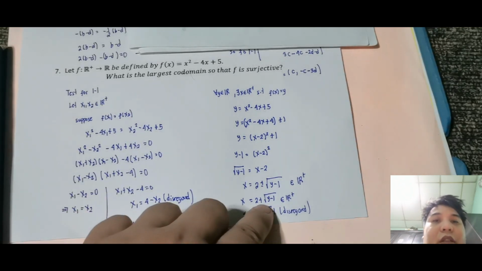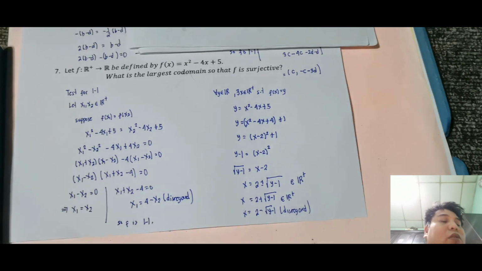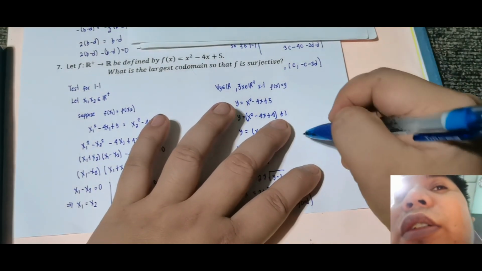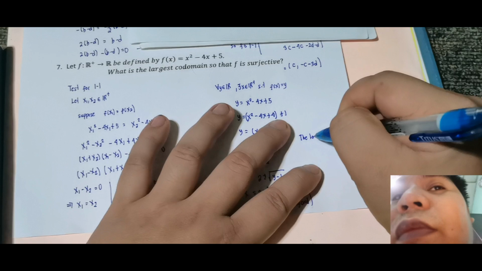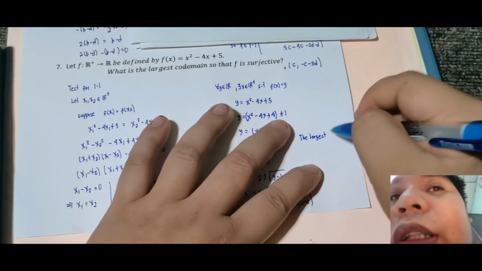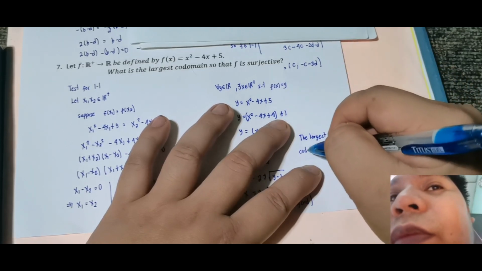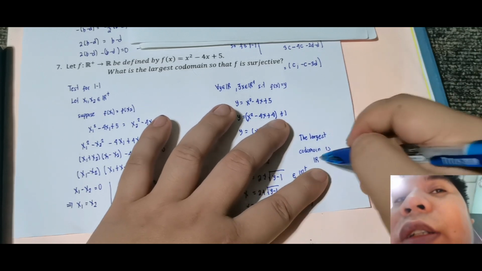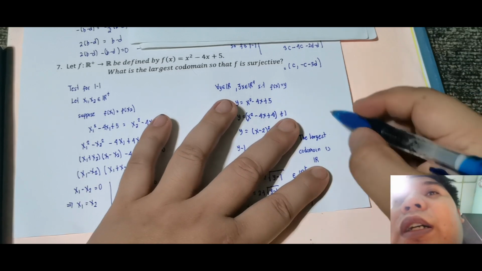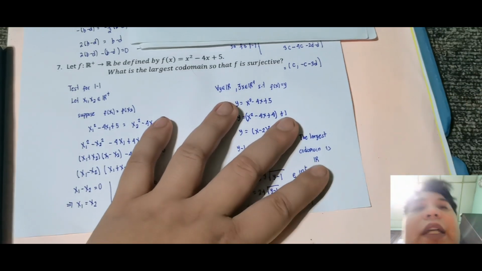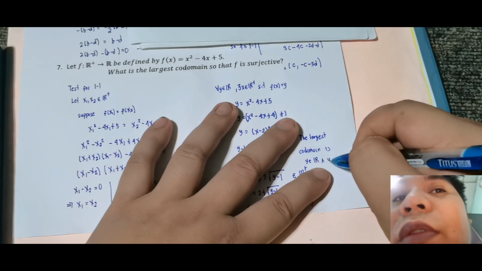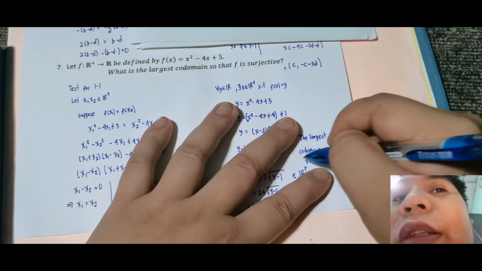Bakit? Pag 1 yan, 1 minus 1, 0. So, 2 plus 1, 2 plus 0 is 2, which is element ng R plus pa rin. So, meaning, the largest codomain, so, ang kailangan natin, the largest codomain is the set of y, element of R, such that y is greater than or equal to 1.